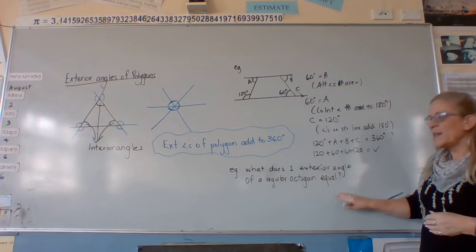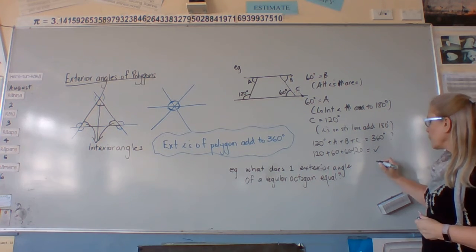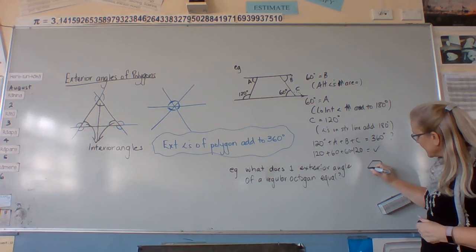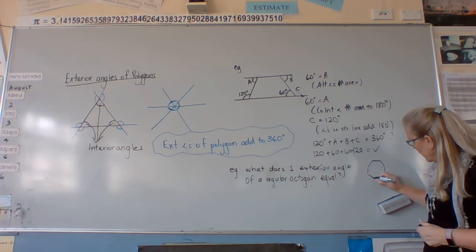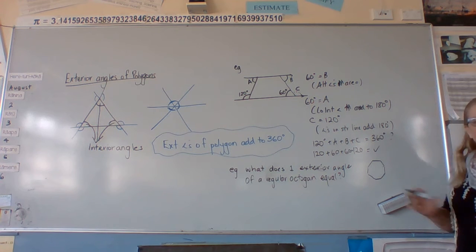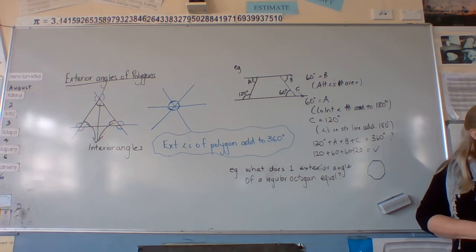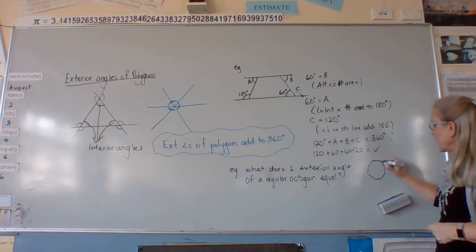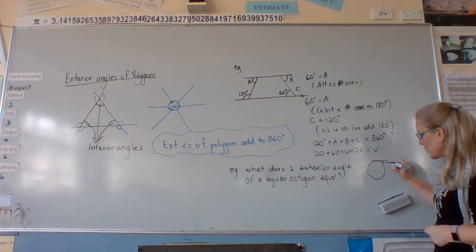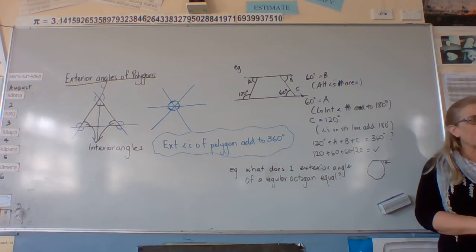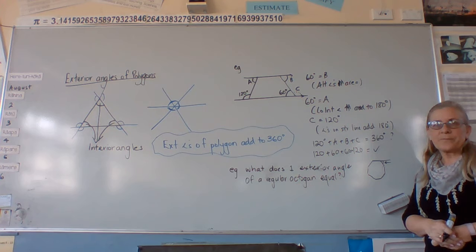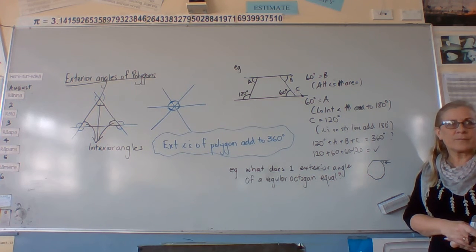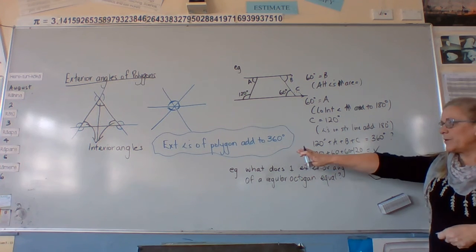So this regular octagon, I can't draw it properly, but would have every single side the same length and all those angles would be the same. We want to know what one of them is. One exterior one. I want to know what that one there is. All right? How would I do it? What am I going to use? Hint. It's on the board.